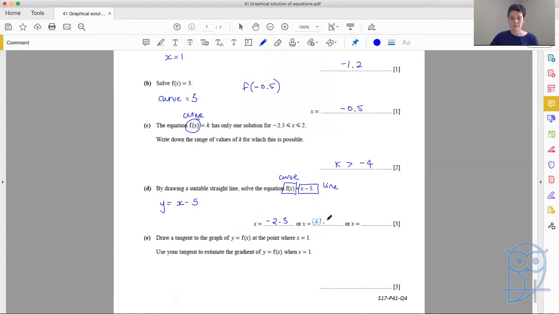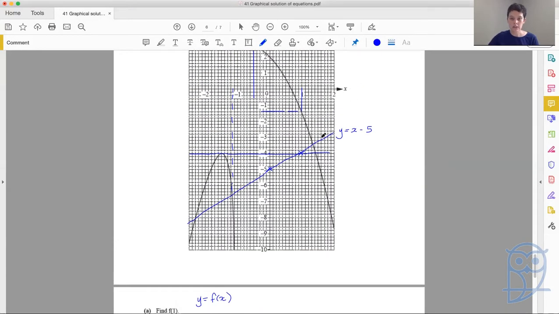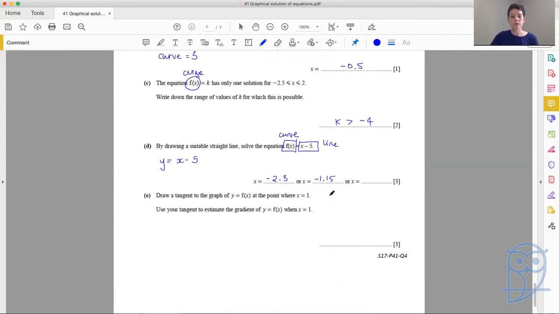And our last intersection is getting quite far down, so we'll bring it up to the axis to read it. So there's our 1, 1.1, 1.2, 1.3, between 1.3 and 1.4, so 1.35.